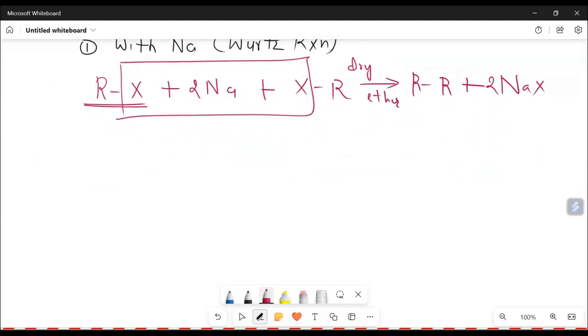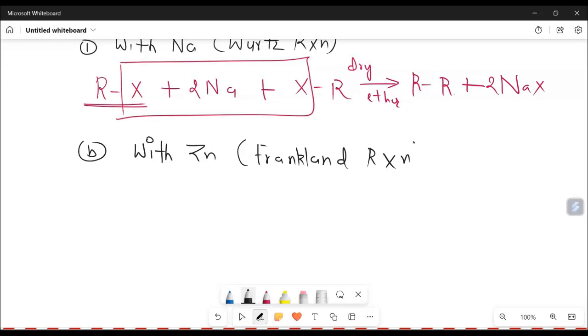You can write down. The second reaction with metal is with zinc. When we are talking about zinc, it is known as Franklin reaction. In this reaction, again, RX, alkyl halide, reacts with zinc plus XR.